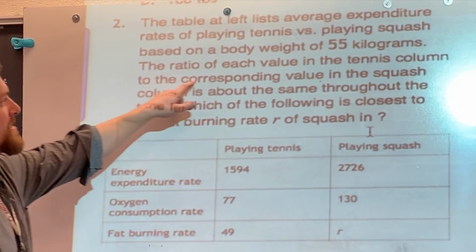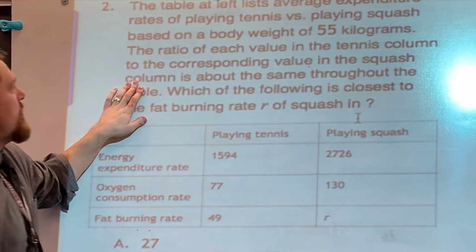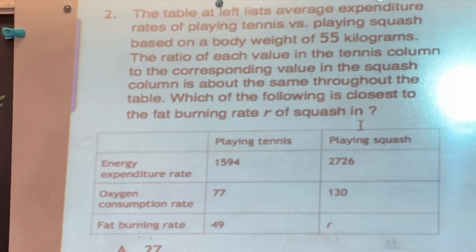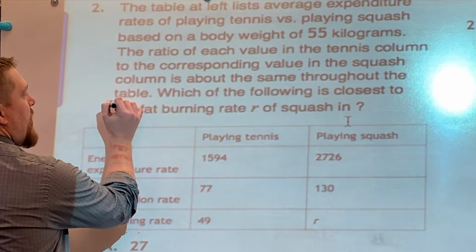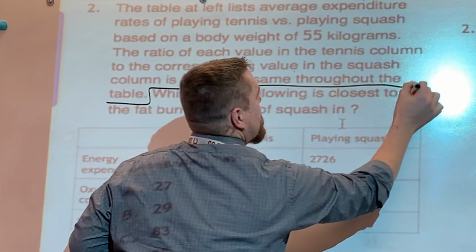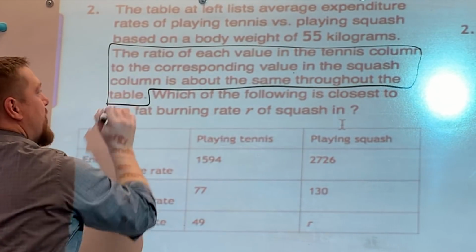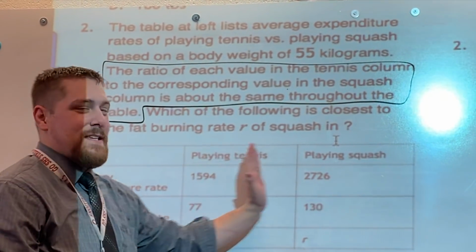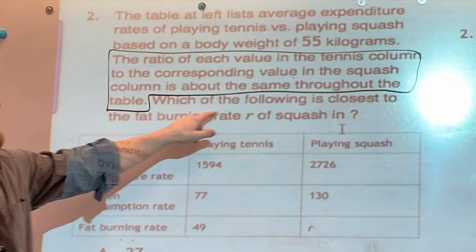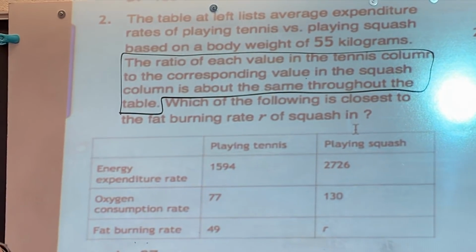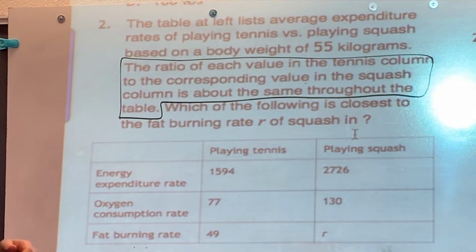The ratio of each value in the tennis column to the corresponding value in the squash column is about the same throughout the table. I'm just going to highlight that whole sentence right here. That is important. It's telling me that each of these columns are the same ratio from one to the other. Right? Which of the following is the closest to the fat burning rate R of the squash?